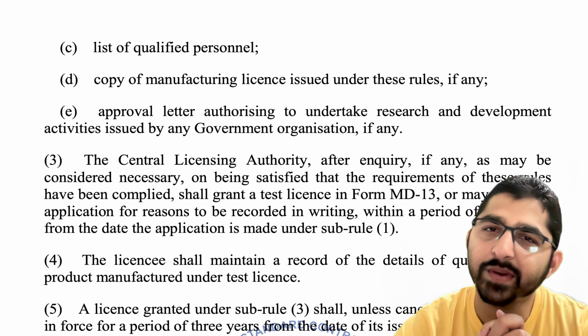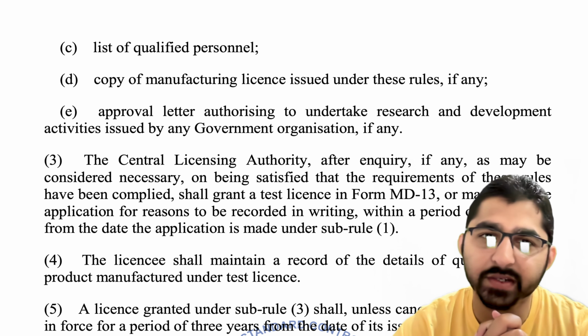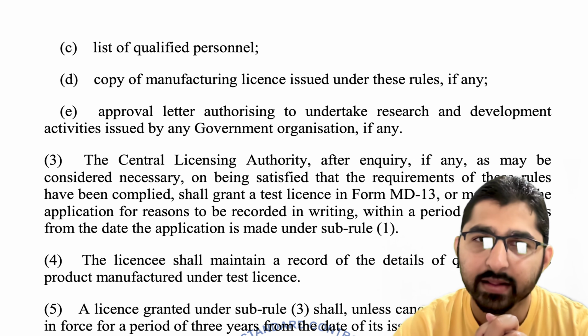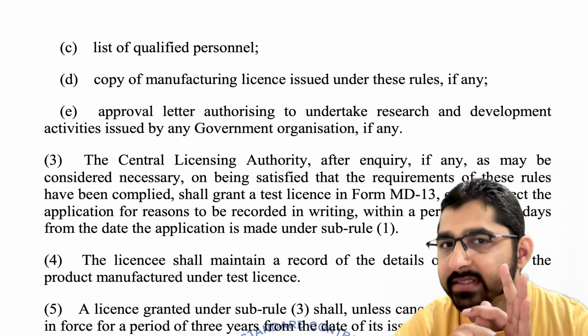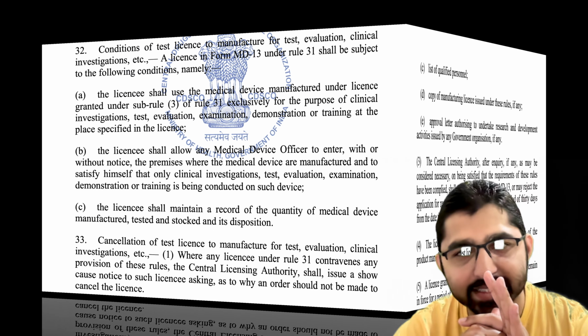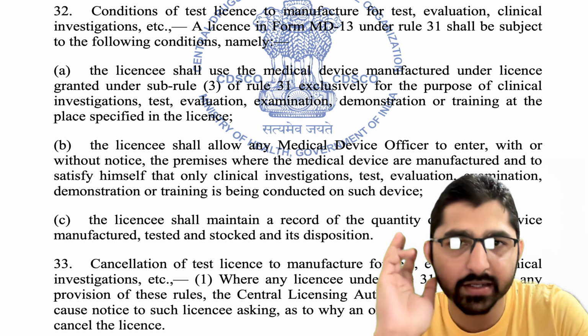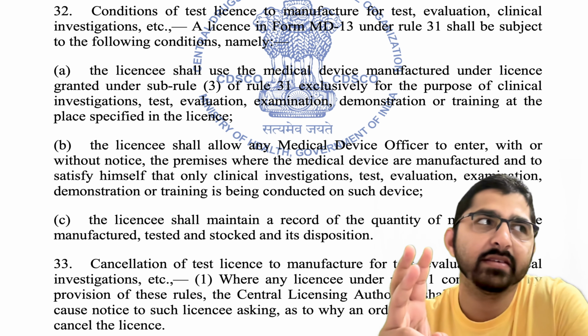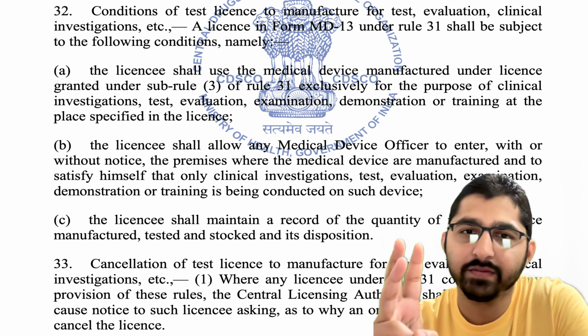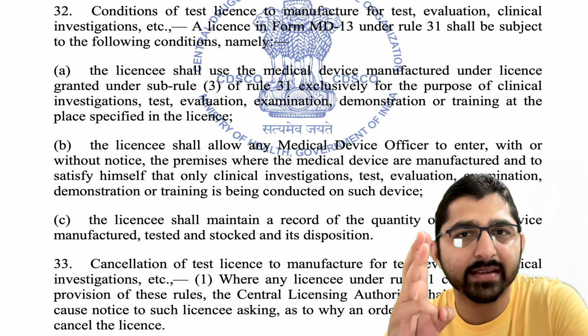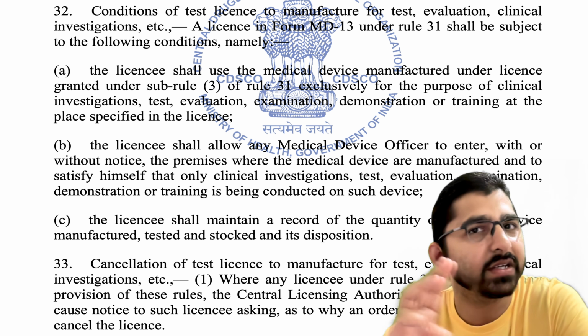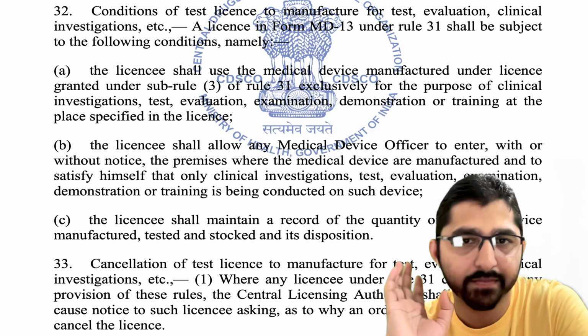The licensee is going to maintain the record of the details of the quantity of the product manufactured under the test license. The license granted under sub-rule 3 shall, unless cancelled earlier, remain in force for a period of 3 years from the date of its issuance. So the test license validity is 3 years once it has been issued. You can use a test license within 3 years. After 3 years it can't be used, and that is only a one-time use.